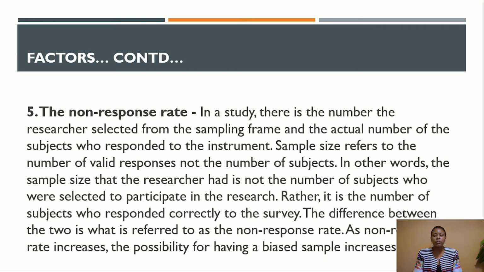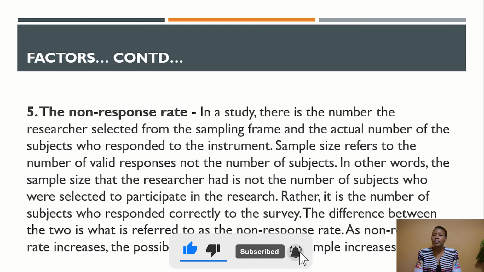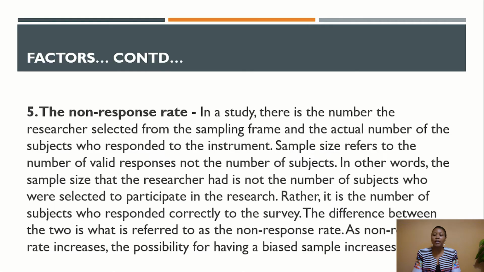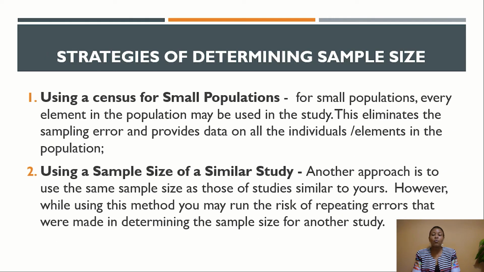As non-response rate increases, the possibility for having a biased sample also increases. Therefore, as the researcher selects a sample size, they should ensure that they reduce the non-response rate as much as possible. So with those factors, we'll now look at the strategies or the methods that we use to determine the sample size.